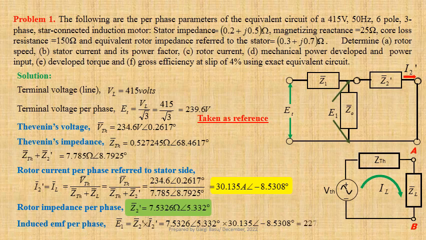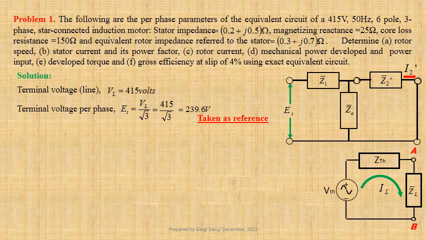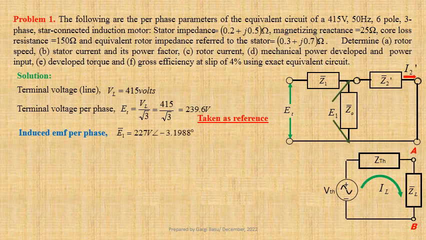That gives us 227 volts at an angle minus 3.1988 degree. In Cartesian form, this may be written as 226.6463 minus j times 12.6667 volt.